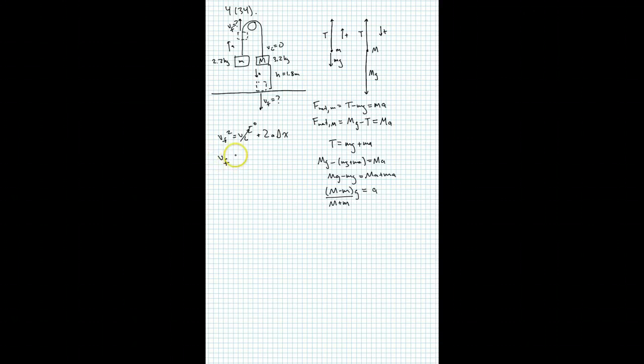So that VF when it hits the ground is going to be the square root of 2 times (M minus m)g, the displacement is h, over big M plus little m, and square root all that business.